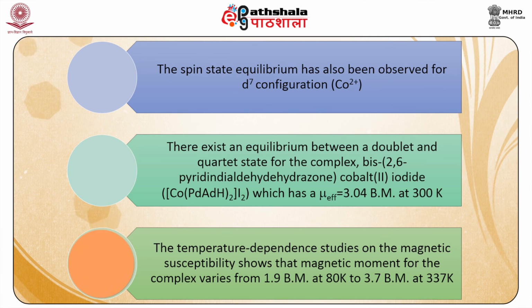Temperature dependence studies on the magnetic susceptibility show that the magnetic moment for the complex varies from 1.9 Bohr magneton at 80 Kelvin to 3.7 Bohr magneton at 337 Kelvin.